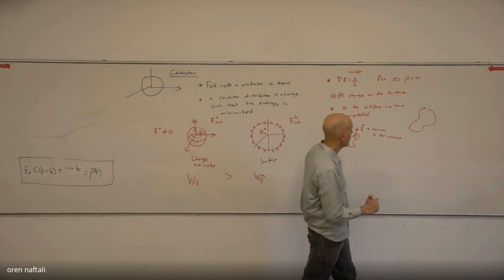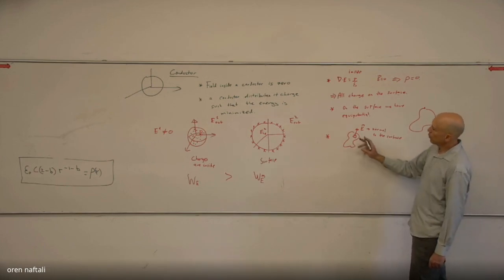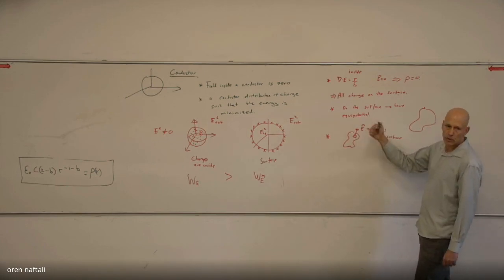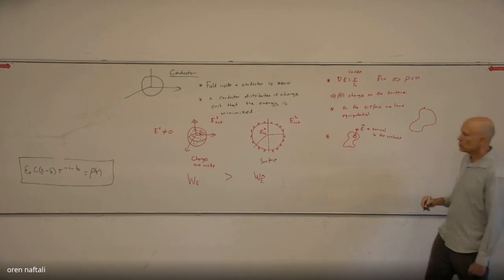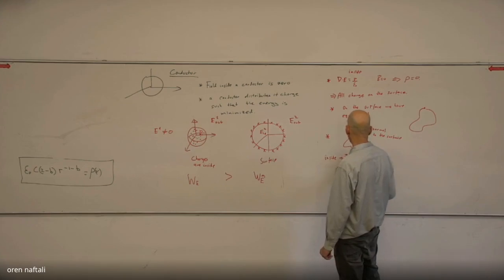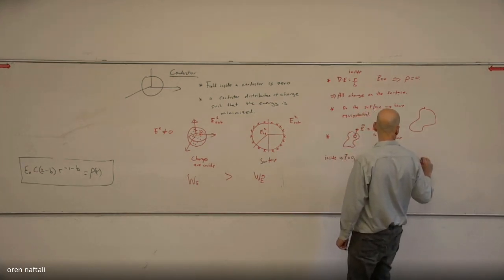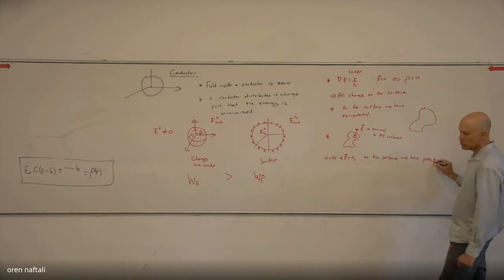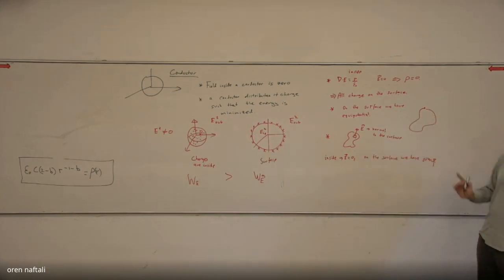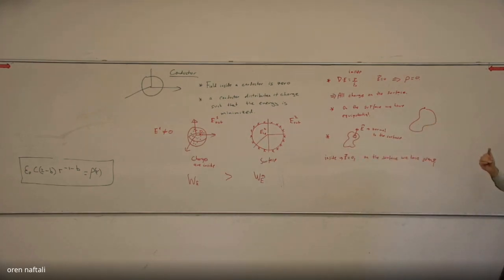That's the simple answer. But what happens here? What does it mean if the field is normal to the surface? You are creating a jump, because inside the field was 0. So on the surface, we have a jump in the value of the electric field. If you go a little bit inside, it will not be the same as a little bit outside.